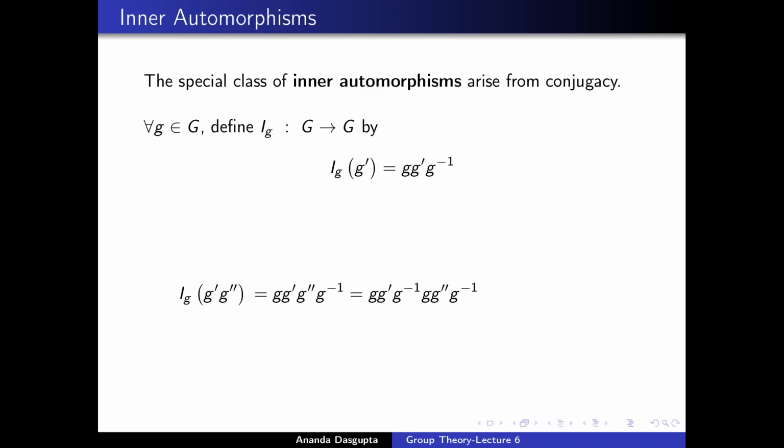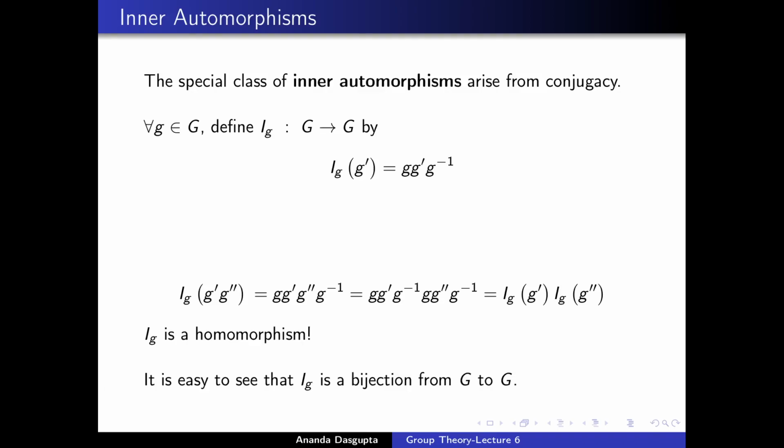And that of course is I_g(g') times I_g(g''), which is exactly what you need for I_g to be a homomorphism. That I_g is a bijection is actually again a trivial result from group theory. And I urge you to check for yourself whether you can prove this. So I_g is an automorphism.